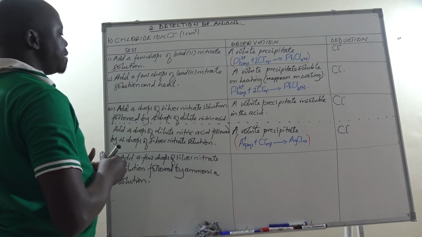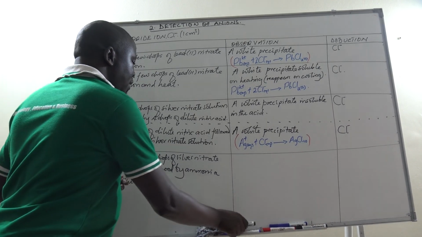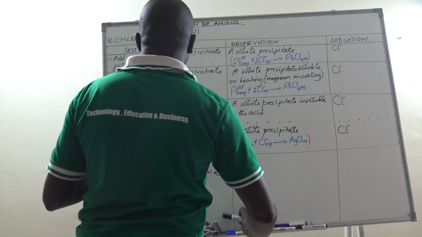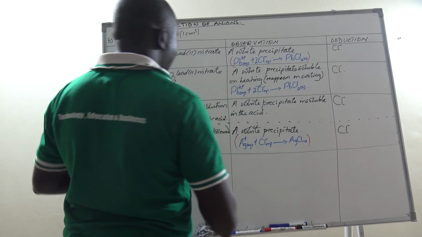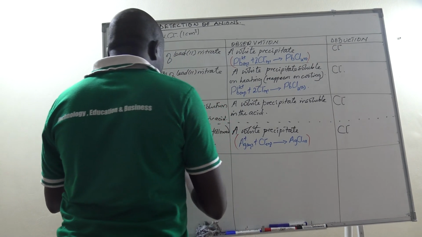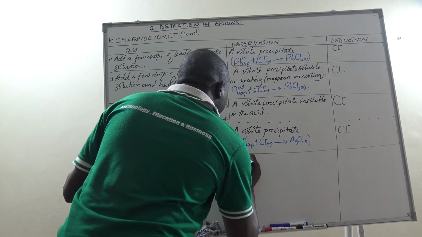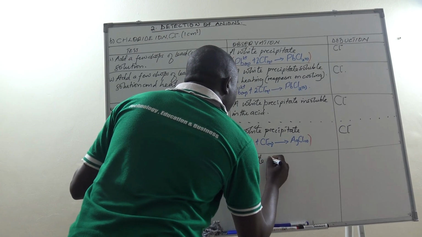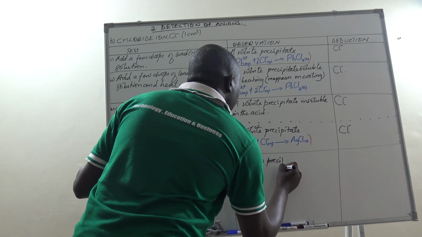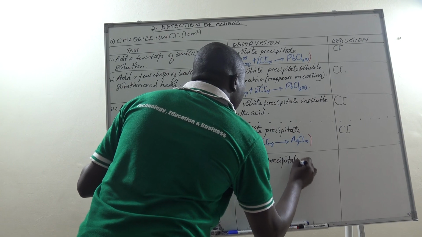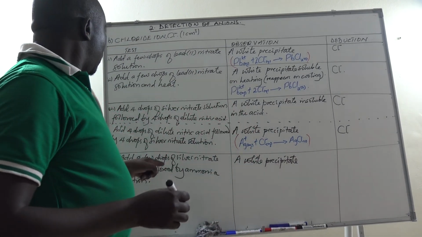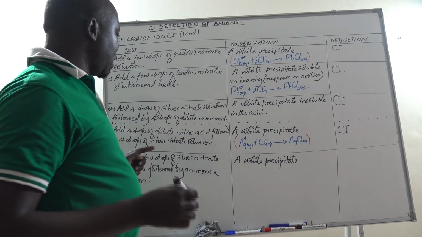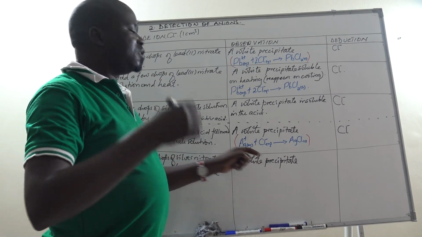This is a test that may also be given that will make you be able to detect chloride ion. In this case, when we add silver nitrate solution, we shall get a white precipitate. And then on adding ammonia solution, this white precipitate will dissolve.